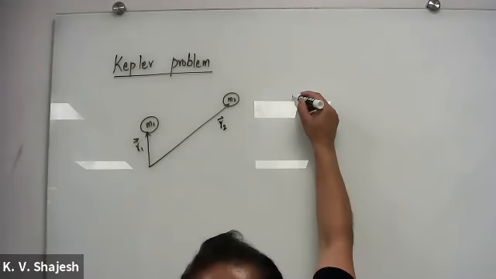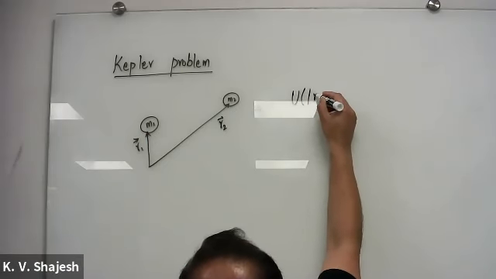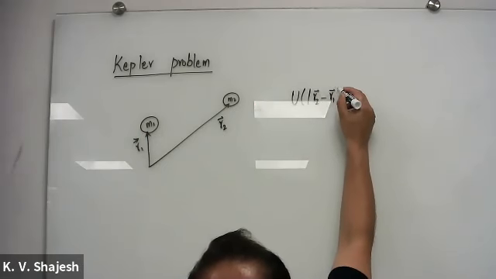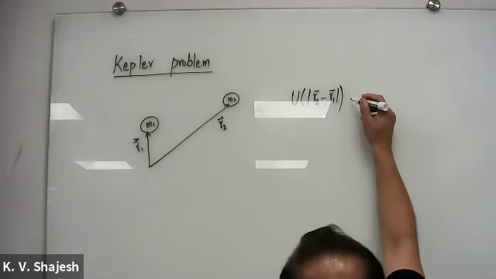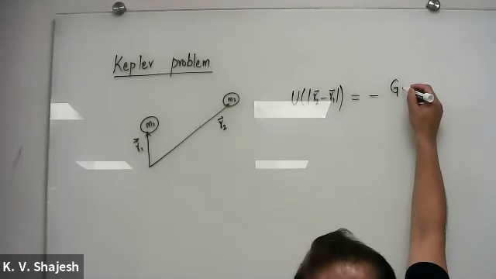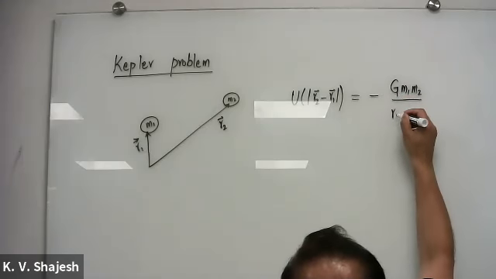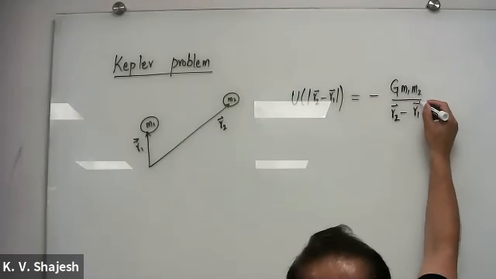The interaction energy depends on the magnitude of r2 minus r1. Since it is a magnitude, it really doesn't matter, but we defined it as r2 minus r1. And that's equal to the gravitational potential energy, minus G m1 m2 over the magnitude of r2 minus r1.